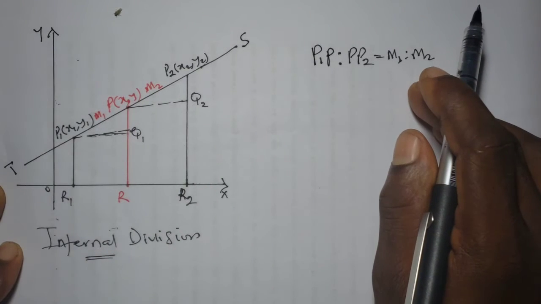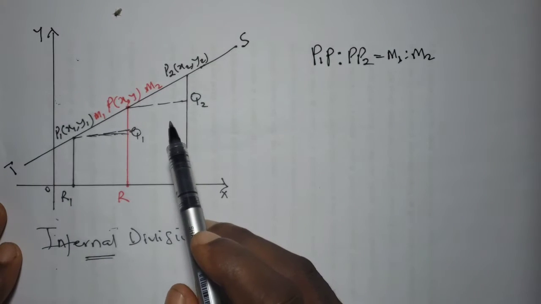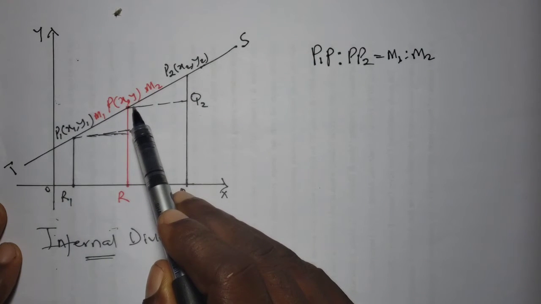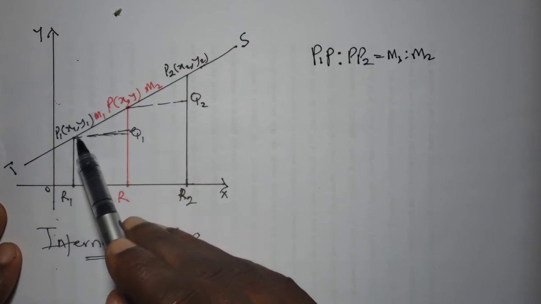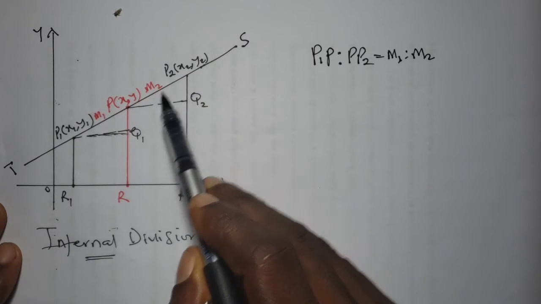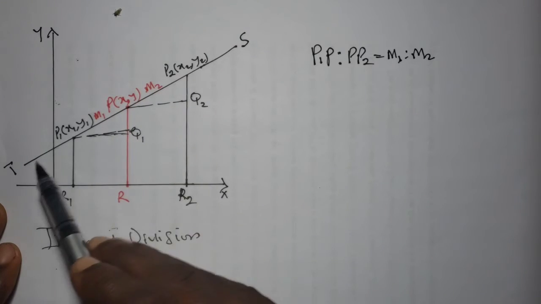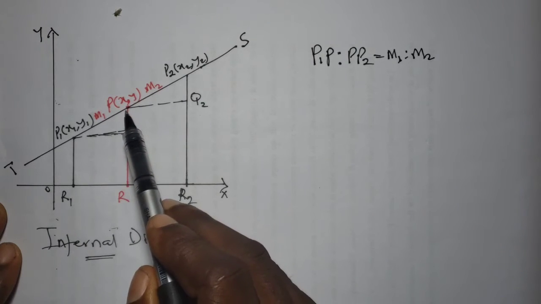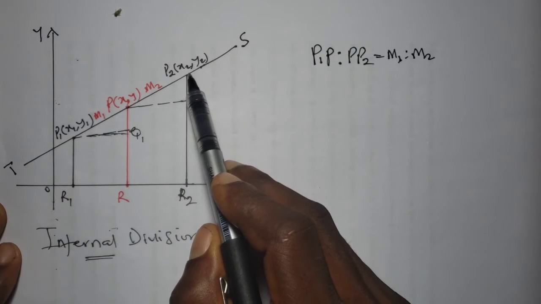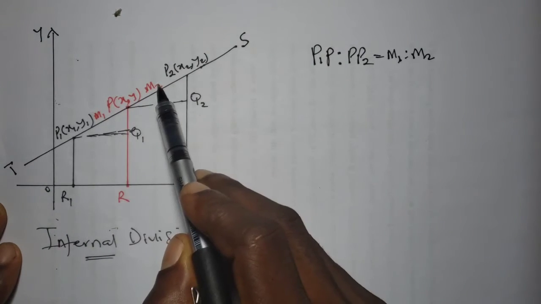So we establish this. We now say the point P(x, y), which lies between P1 and P2, is said to divide this line segment internally, because it's between the points P1 and P2, in the ratio M1 is to M2.